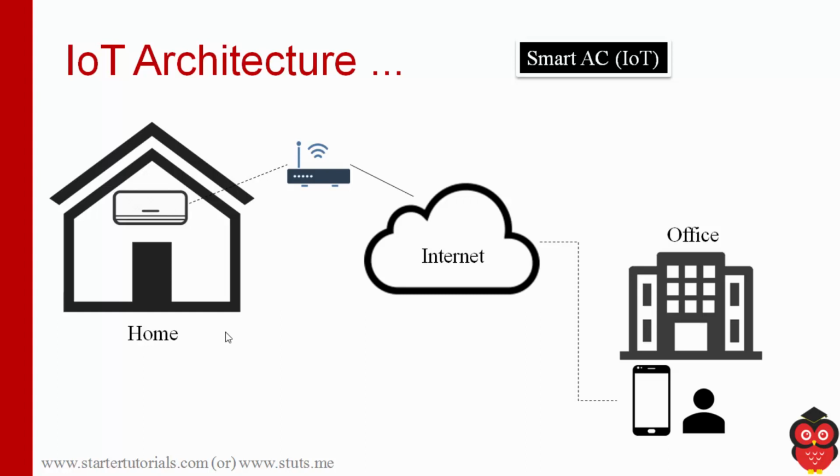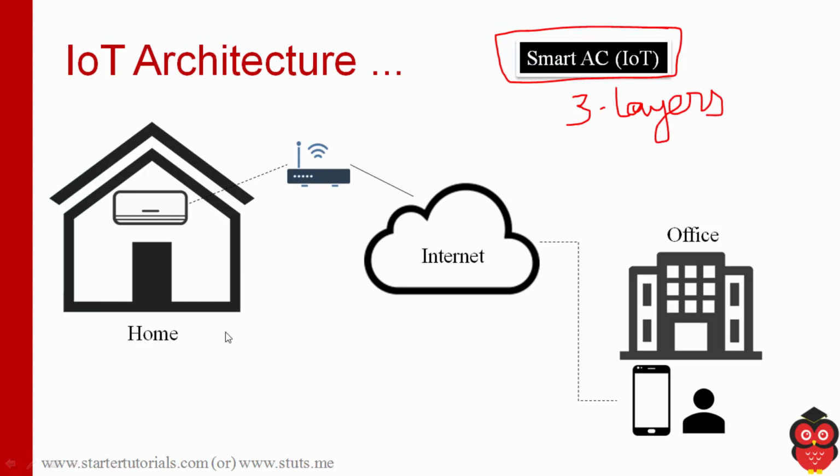And let's clear our notion of the IoT architecture by using this example. So this example is about a smart AC, which supports IoT. Okay. So using this example, I am going to mark the three layers.